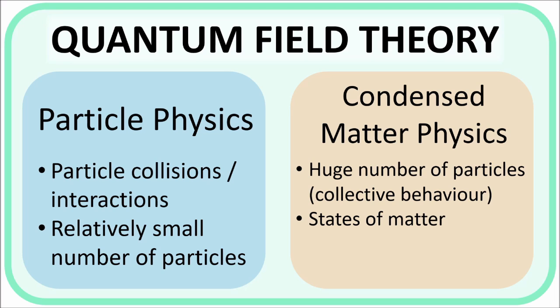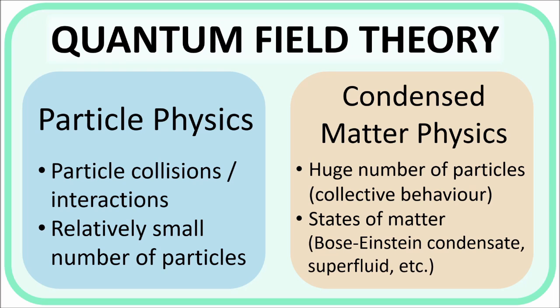Instead, states of matter arise out of the collective behavior of particles together. Condensed matter physics also allows us to study more exotic states of matter that we don't normally see in everyday life, such as Bose-Einstein condensates and superfluids, and it also lets us study superconductivity.